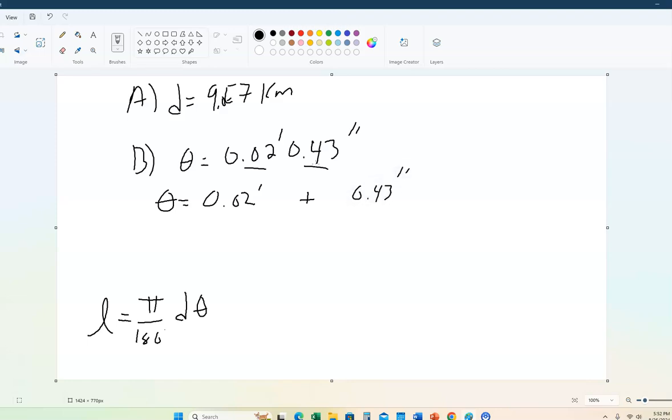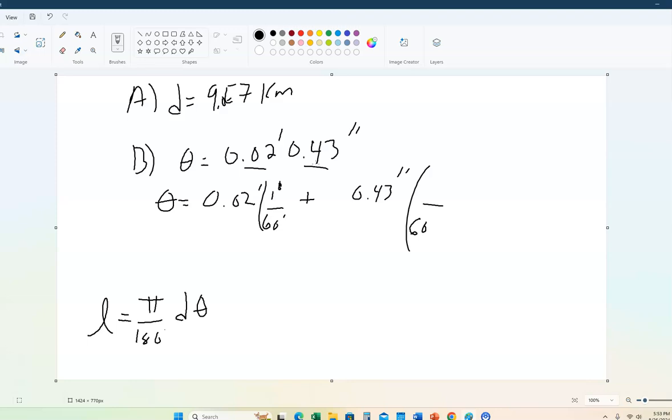To convert this, it's actually pretty simple. I know that there are 60 arc minutes in 1 degree. And then I know that there are, again, 60, it's 60 squared.